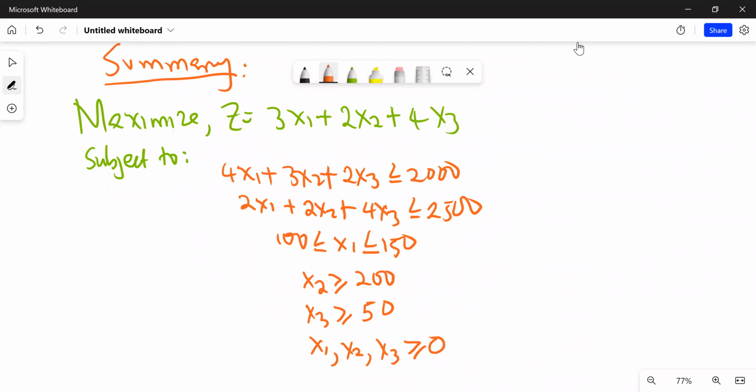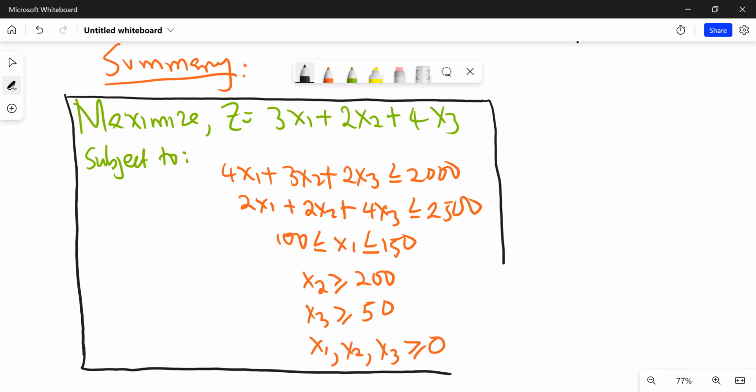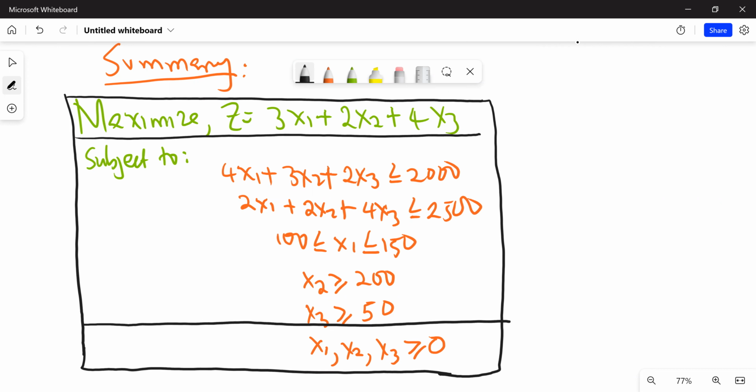This is how an LP model will look like for the above problem. We said it has three parts. It has the objective function, it has the resource constraints. So that's the first part. This is the second part. And then we have the last part there. Three parts of the LP model.